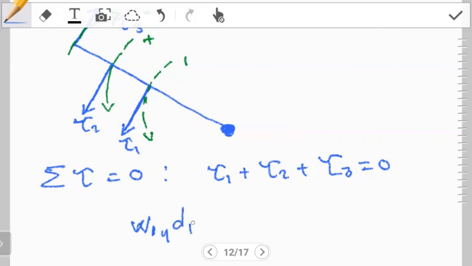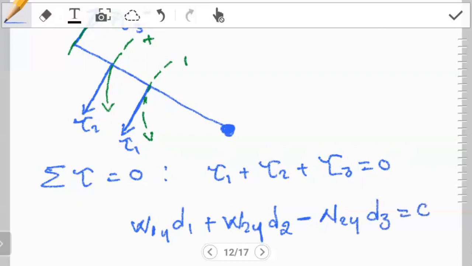This is positive, it is anti-clockwise. Next, W2 in Y, and then D2, and then minus, this is clockwise, torque 3 is clockwise. This is going to be N2 in Y multiplying D3. Remember, D3 is the full length of the ladder.